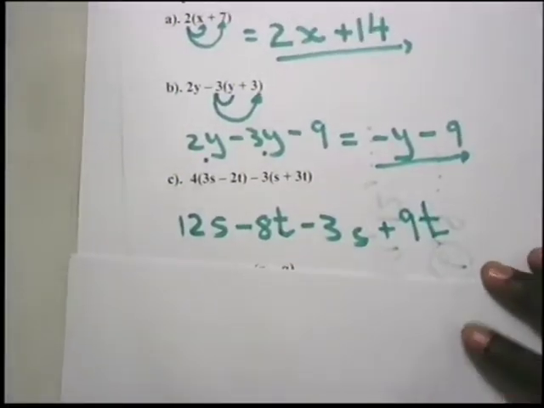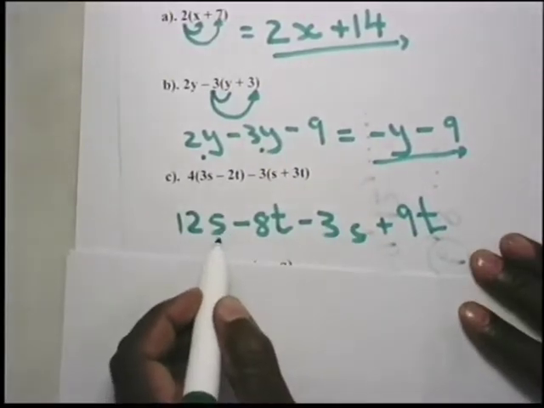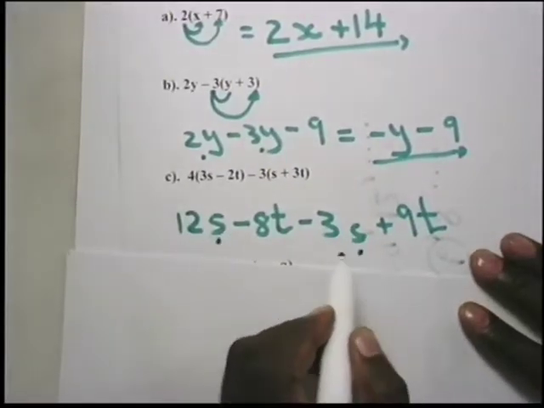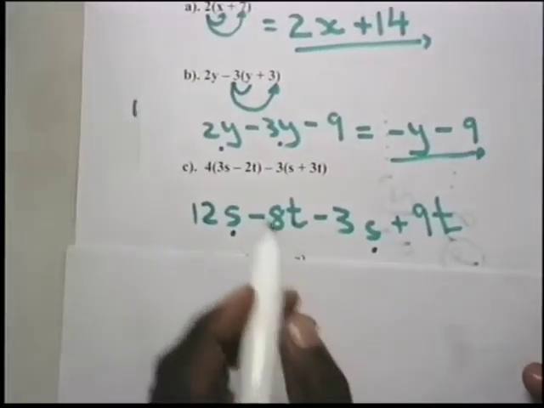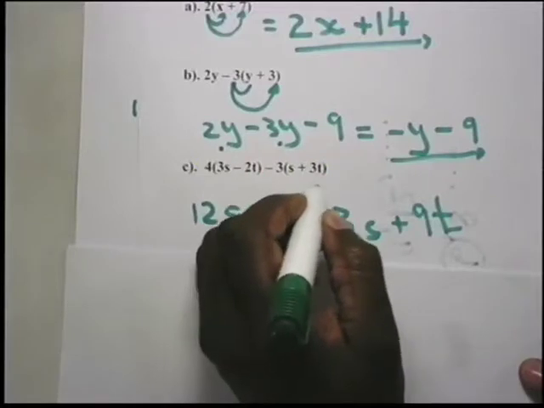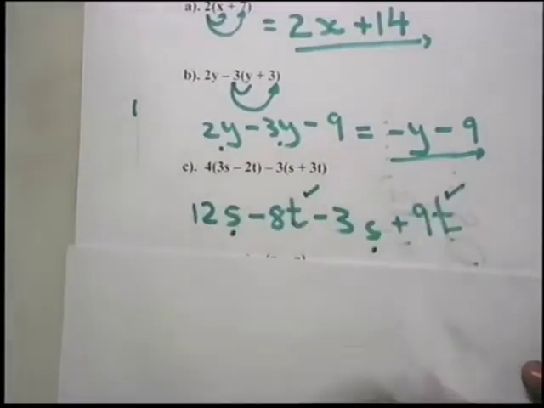So, as you see, I have 12s and negative 3s that are like terms there. At the same time, I have negative 8t and positive 9t that are like terms also.